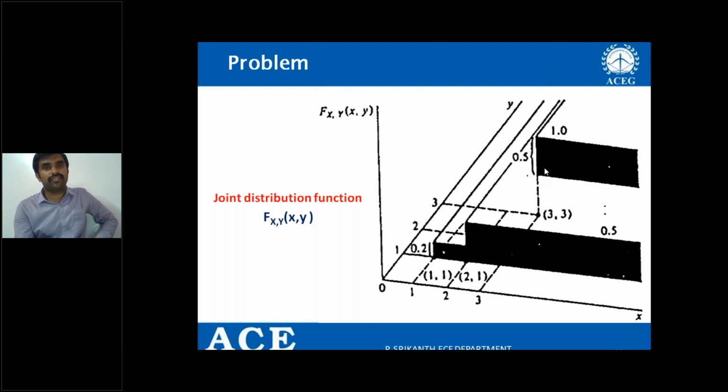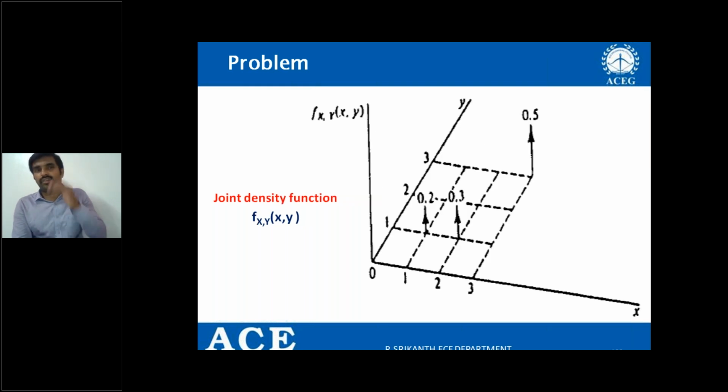Just take a 3D view, right? That is 0.3 plus 0.2, 0.5, and plus 0.5, that is 1. I repeat, first 0.2, next 0.2 plus 0.3, 0.5, plus 0.5, that is 1. It is the graphical representation of the joint distribution function, right?